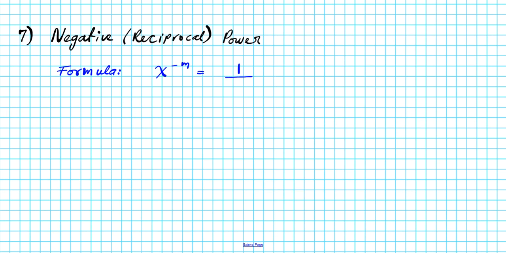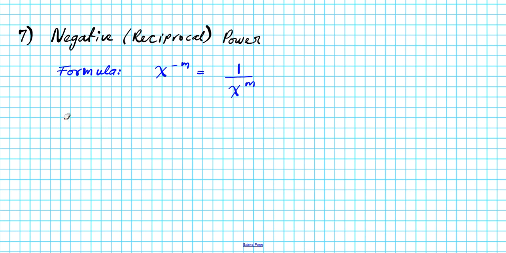So it's in the numerator, we can reciprocate it to x to the m. You notice that as soon as it switched its position to the denominator, the negativity of the exponent disappears. So that's the negative or reciprocal power property.